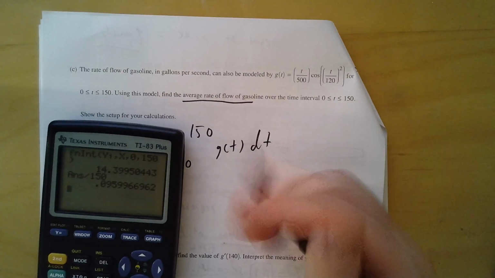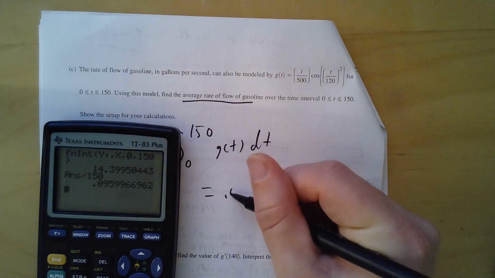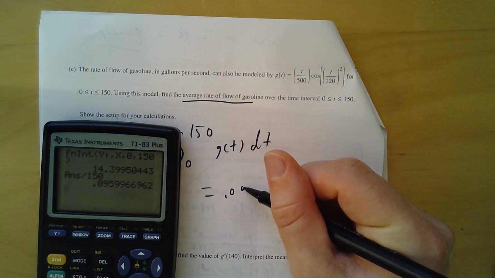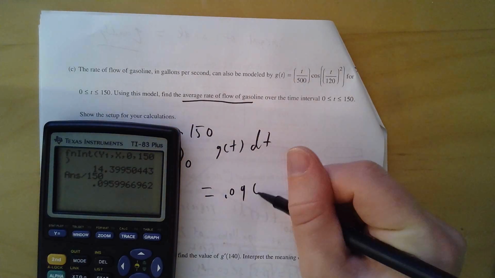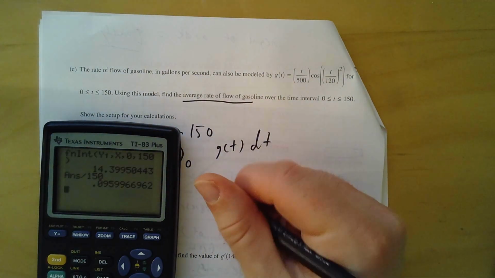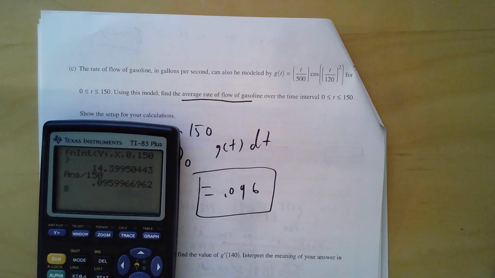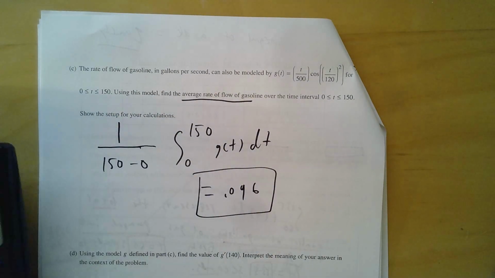Okay, so equals 0.096, 3 decimals. 3 decimals, okay. Good.